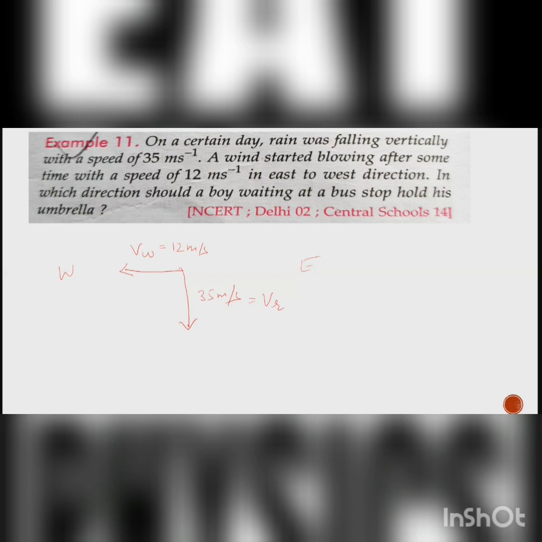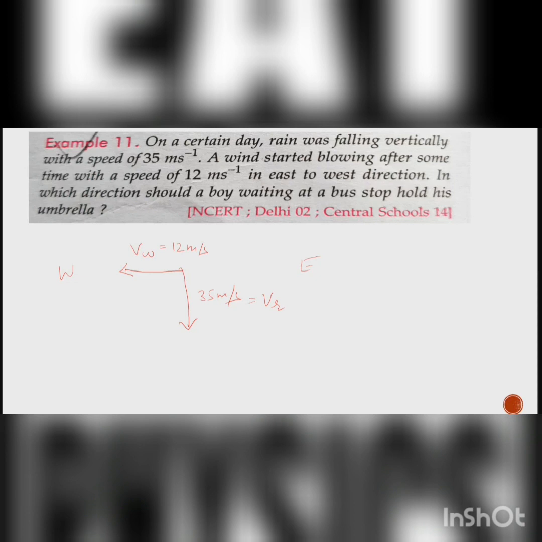In which direction should a boy waiting at a bus stop hold his umbrella? So obviously, because of the velocity of wind, the resultant velocity of rain would be different.